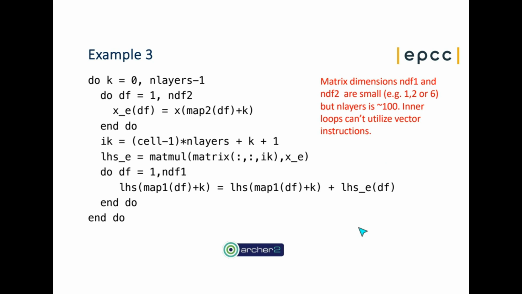And then the third case is a little bit harder to read. Essentially, what this is doing is a series of small matrix vector products and storing the results in an array.